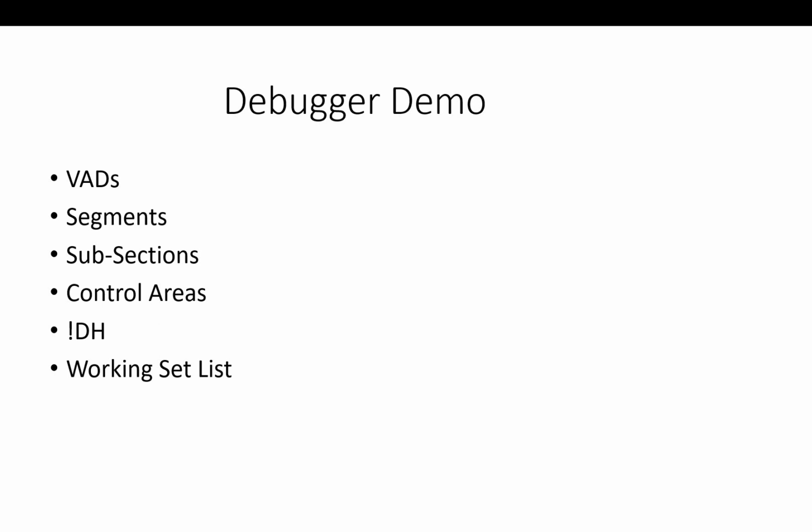So stay tuned for the next presentation, and we'll get into the debugger and actually see the VADs, the segments, sections, control areas. We'll use !dh, and we can see how the header of the file is used to create the subsections. So stay tuned for the next demo.